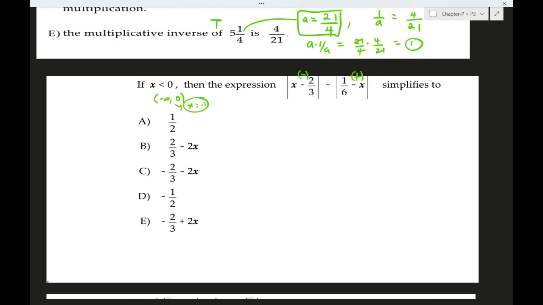We're not interested in the quantity, but in the sign. So since this is negative, to remove the absolute value, another negative has to come. So we have this, right? Then minus here, since it's positive, we can just remove the absolute value and write 1 over 6 minus x.